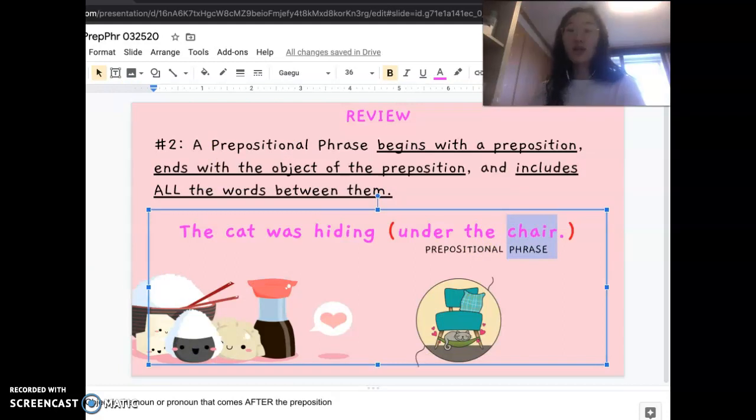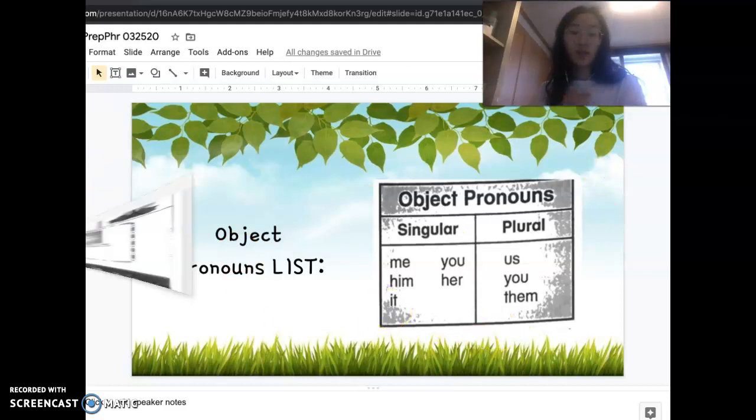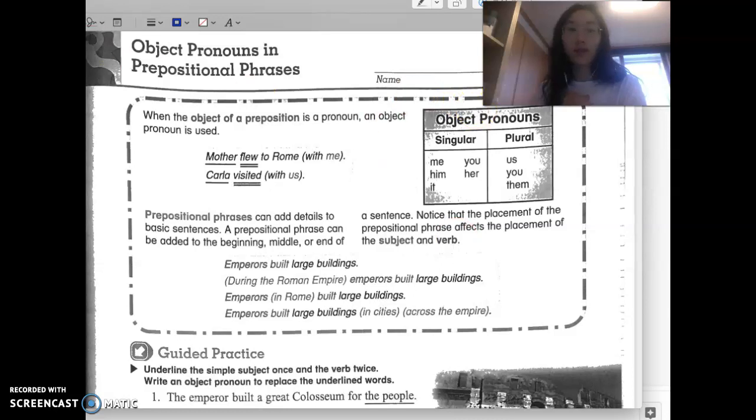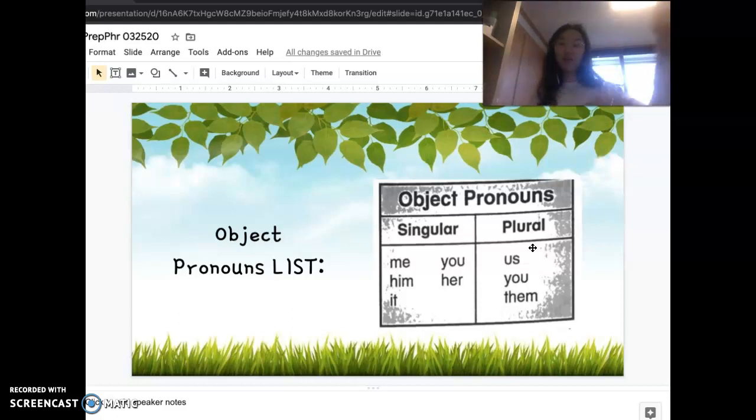So for example, chair, that's singular and it's a thing, so it would be it, right? So this is just the picture from your textbook. You can look at this in your workbook as well. So we got the singular, just one thing: me, you, him, her, it. Then we got the plural, which is two or more things: us, you, and them. Okay?